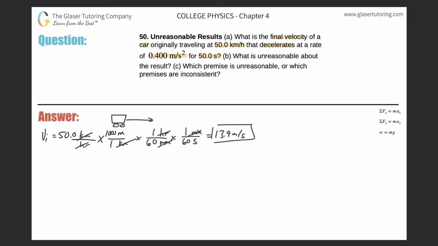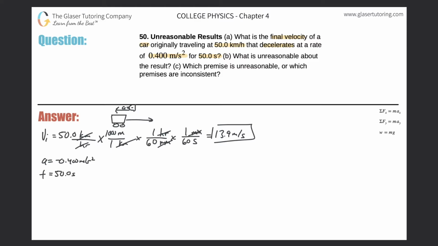Therefore, the deceleration would be opposing that, going to the left, and I show that by giving it a negative sign. So the acceleration here would be negative 0.400 meters per second squared, and the time is 50.0 seconds.